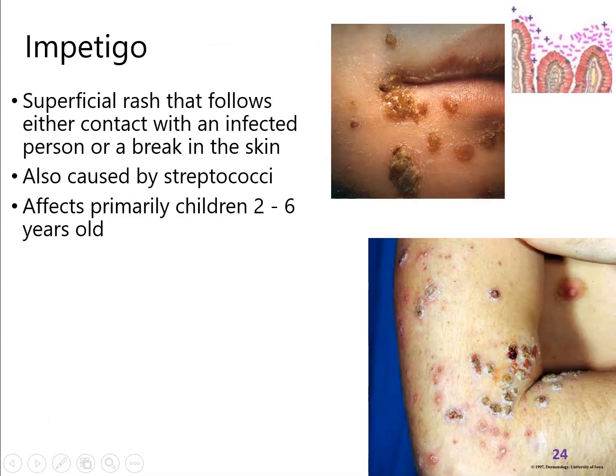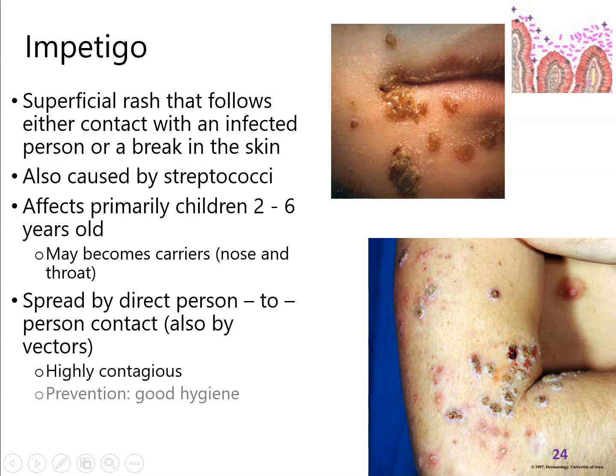So the first disease we'll look at is impetigo, and this is a really contagious disease caused by Staphylococci and Streptococci, typically in children. It affects the epidermis. Whenever the bacteria can get into the epidermis, they can cause formation of these rashes.